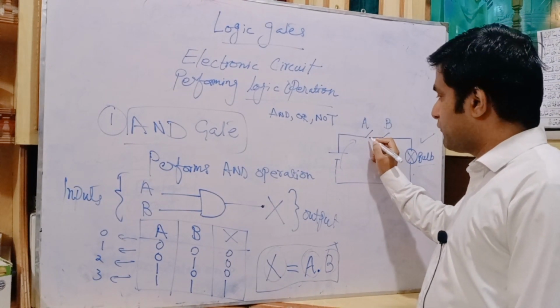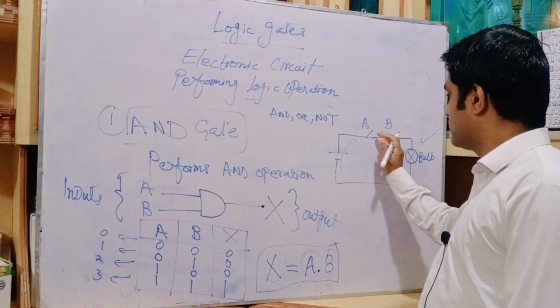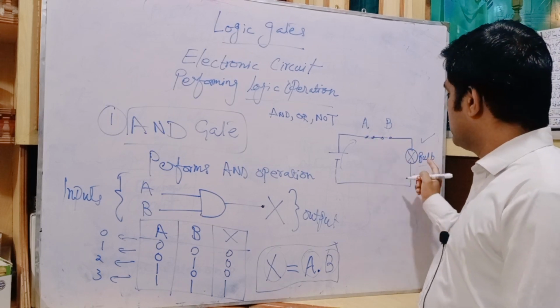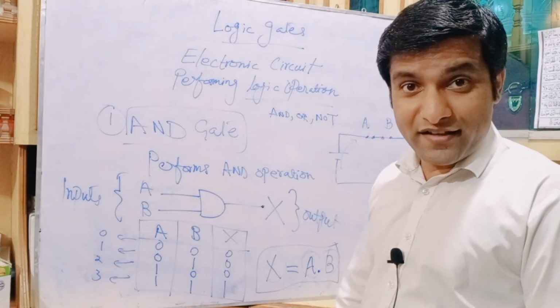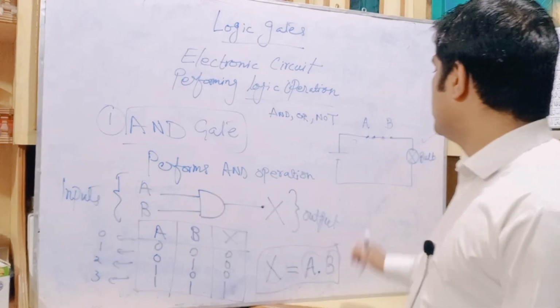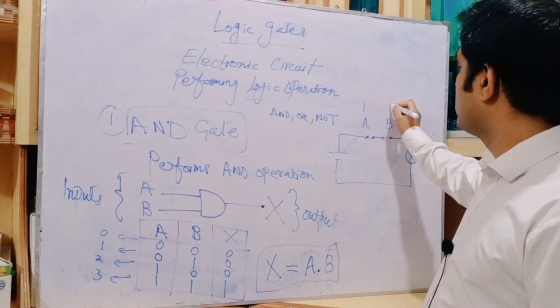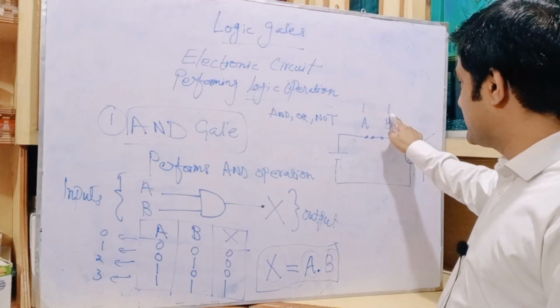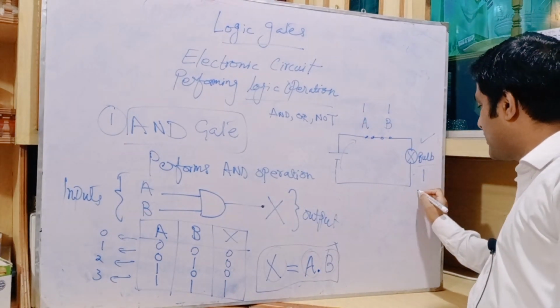If they are in closed form like this, then the bulb will turn on. So when both are 1, the output will be 1. When both are closed, the output will be 1. 1 means on.